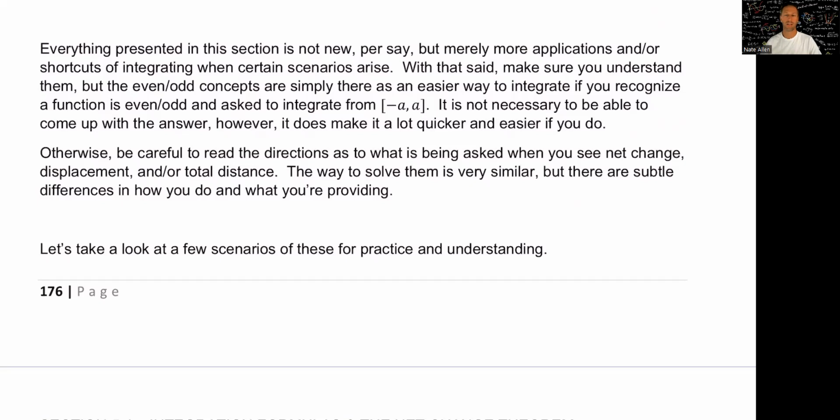And now we're looking for an even faster, quicker way to get through some of those, whether it's even or odd, from negative a to a.